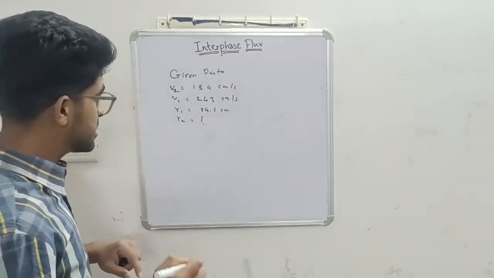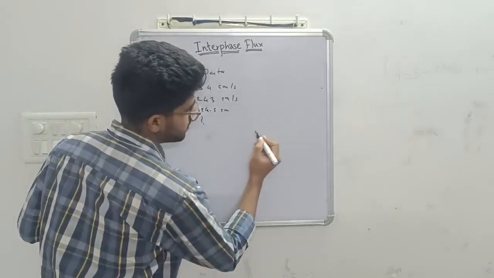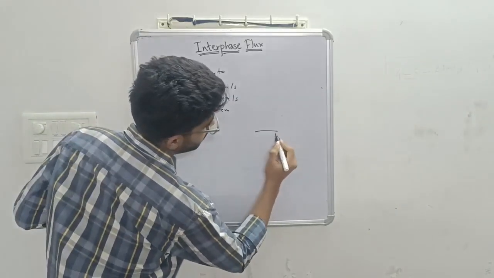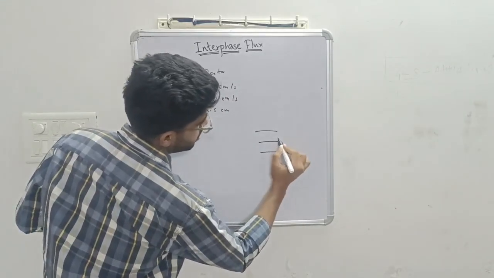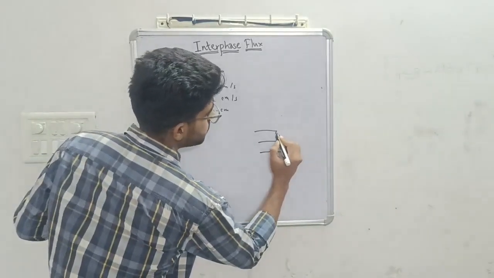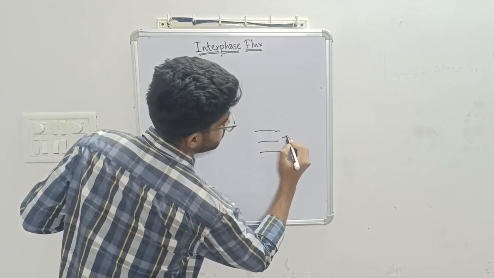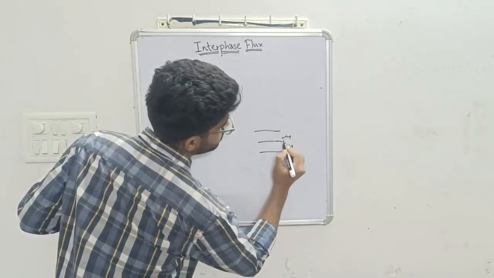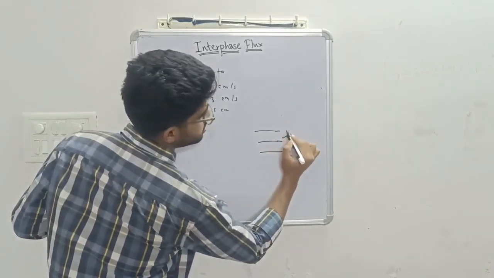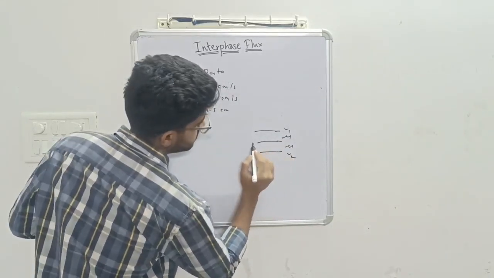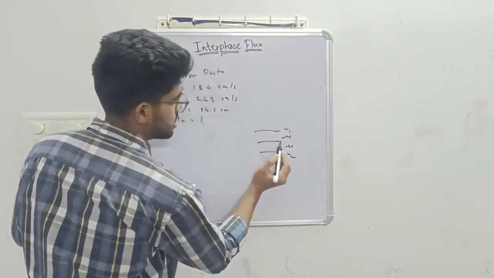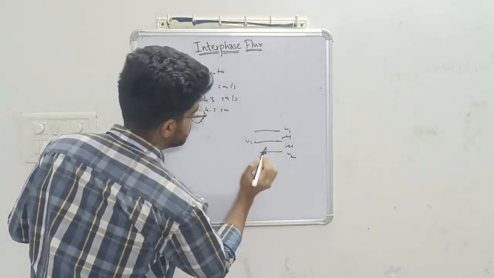Previously my friend explained about the diagram. We have to balance our shear stress. So this is mu. There are two fluids, both have the same mu. This is V1 and this is V2. And our middle plate is kept stationary, V is equal to basically 0.